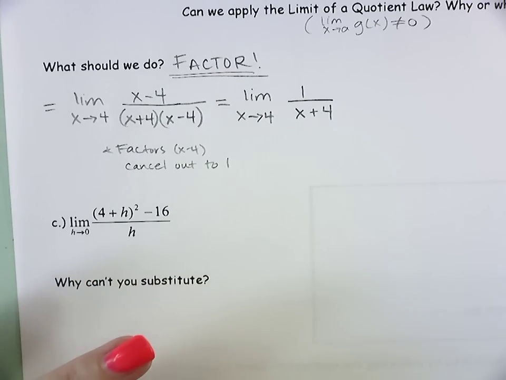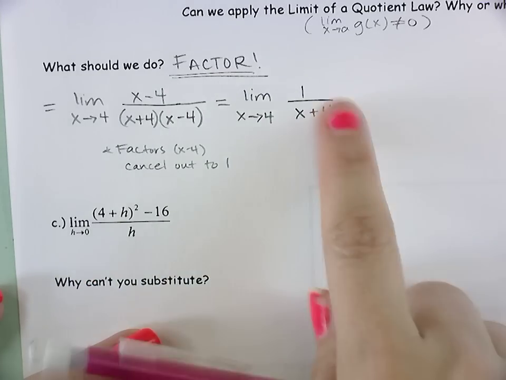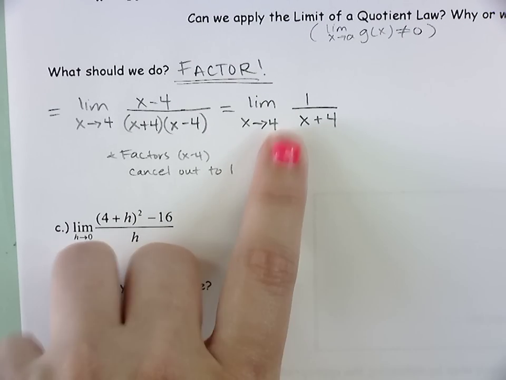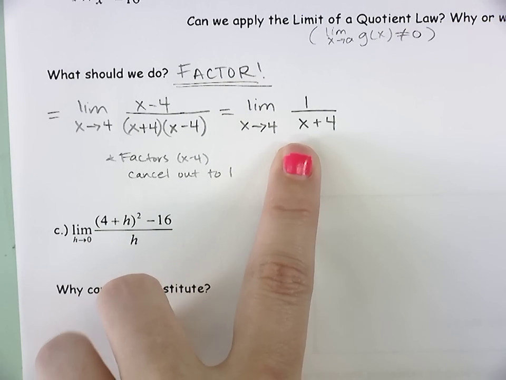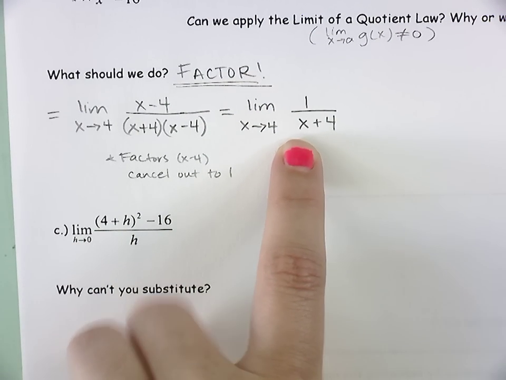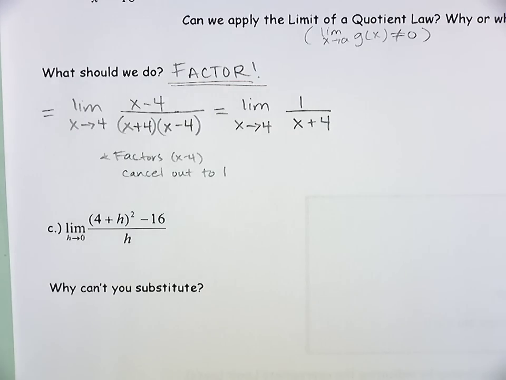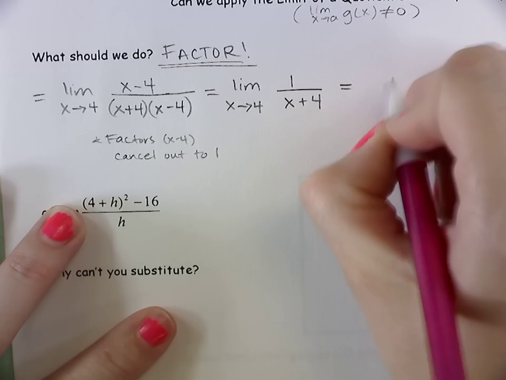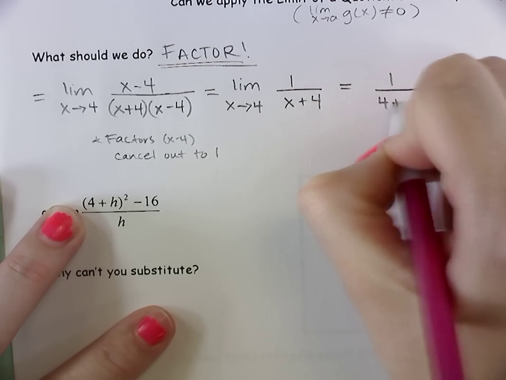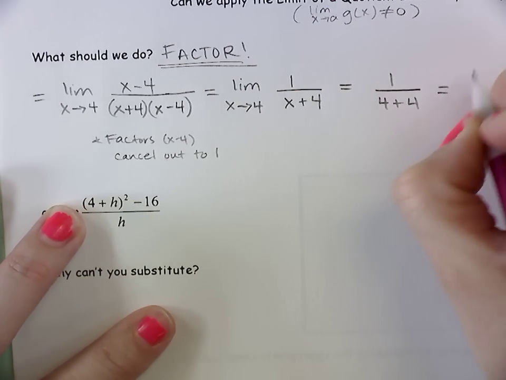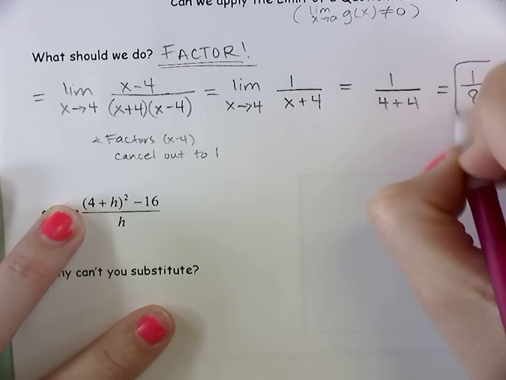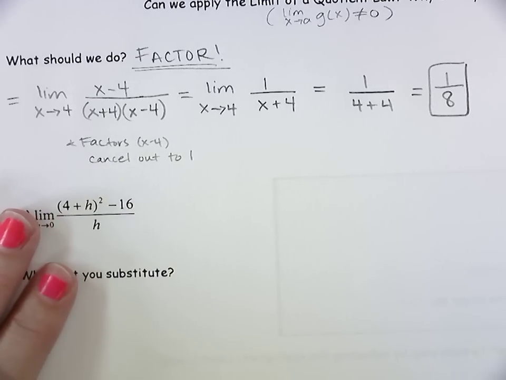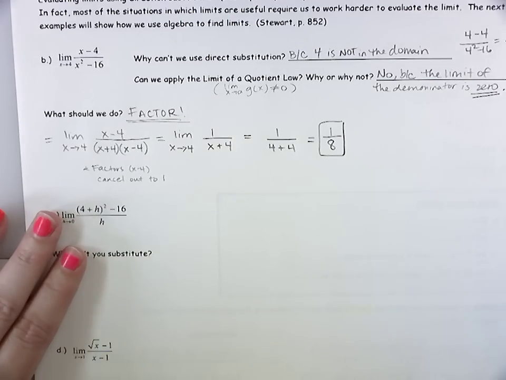Anything divided by itself is what? 1. That's why I have 1 on the top. Okay, now that I've simplified that, can I substitute 4 in and not have 0 in the denominator anymore? Okay, so then let's do that. Once you can substitute, that's what you want to do. So now I have 1 over 4 plus 4, which is going to be 1 over 8. So 1 over 8 is going to be your limit.